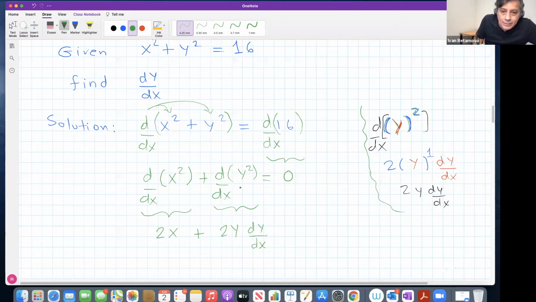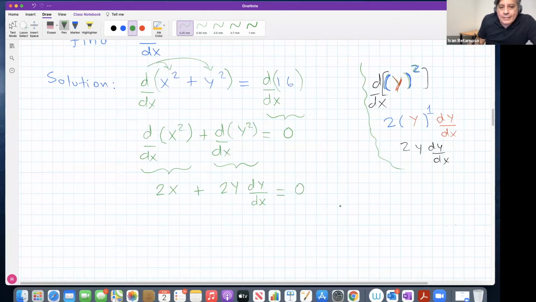You are taking the derivative with respect to x of y squared. This is not x, right? So because of that, you have to attach this. You take the derivative that comes to mind, 2y, but then you multiply by dy dx, right? This is like a practical rule to deal with terms containing y. Right, that equal to 0.